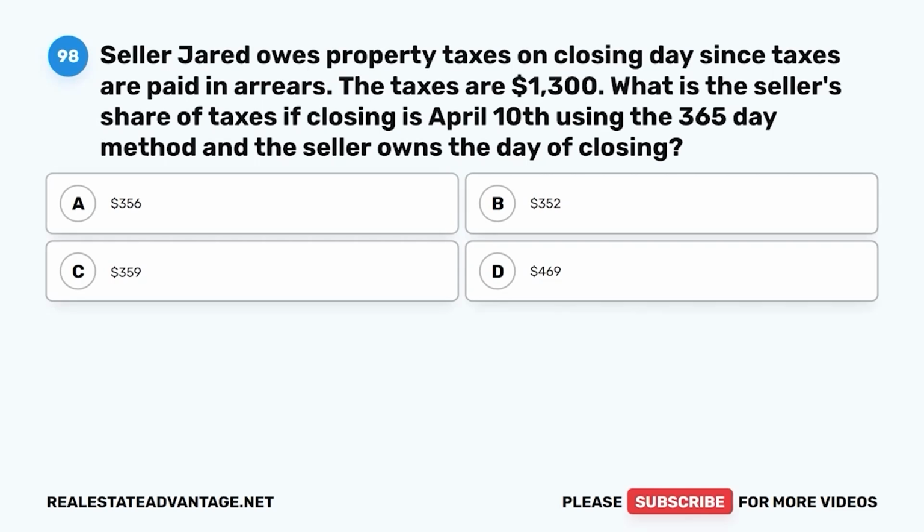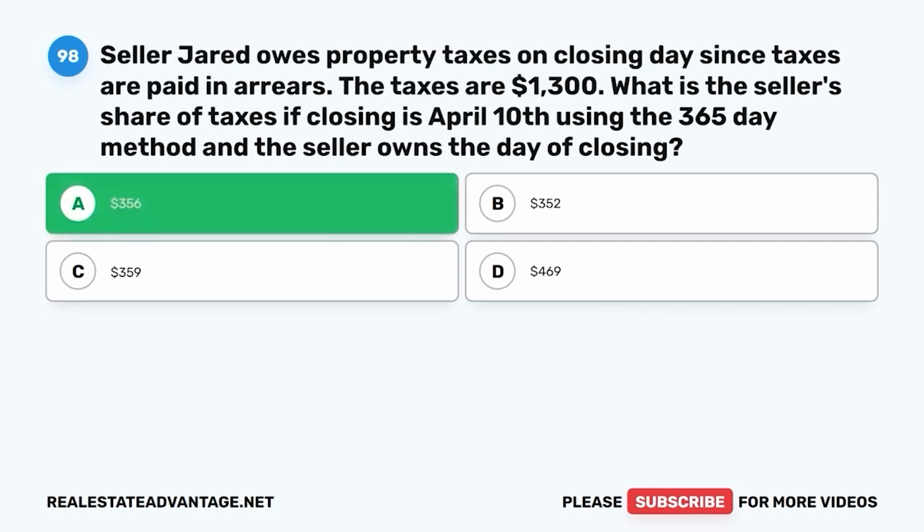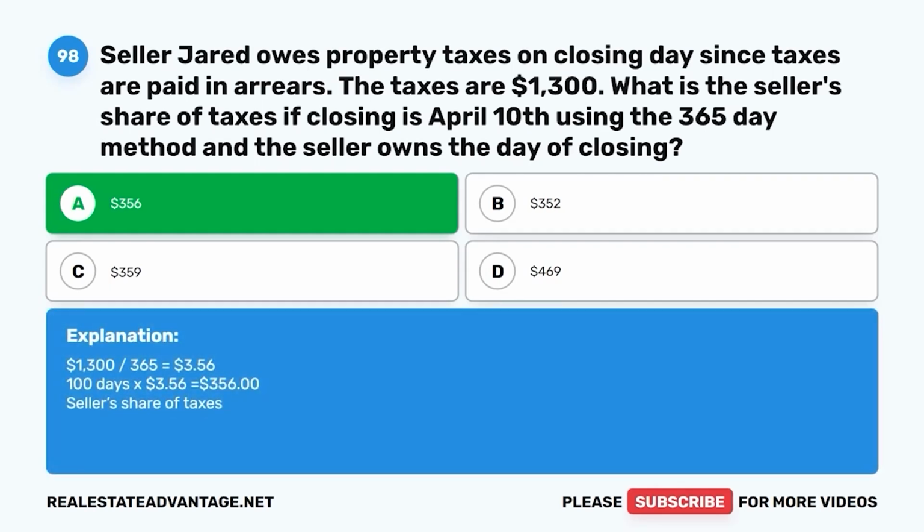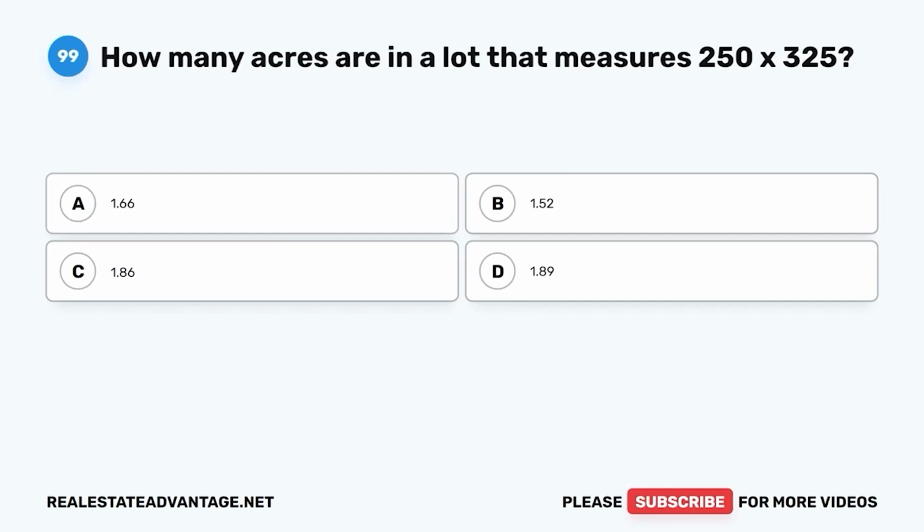D. $469. The correct answer is A. $356. $1,300 divided by 365 equals $3.56. 100 days times $3.56 equals $356. Seller's share of taxes.